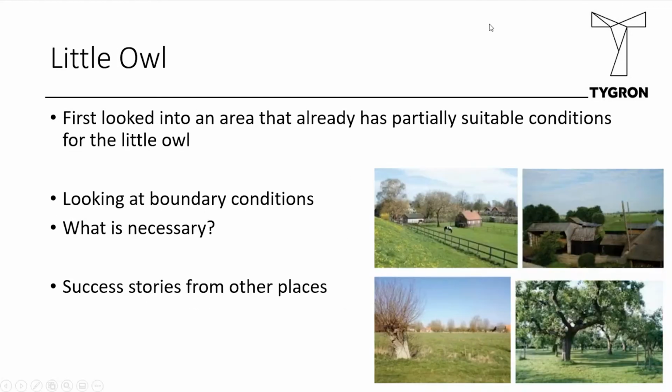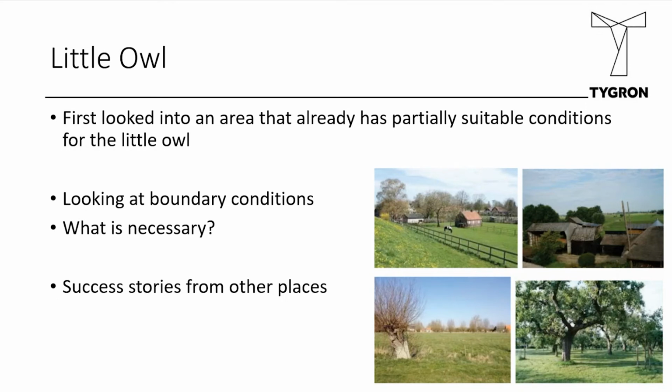The first case, the little owl, or in Dutch, the steenuil. It's important to consider that the little owl has to be placed in an area that's already partly suitable for the little owl. You can't place a big deer in the center of Amsterdam. That's not going to work. So you have to think about whether the surrounding already has suitable or partly suitable conditions for the little owl.